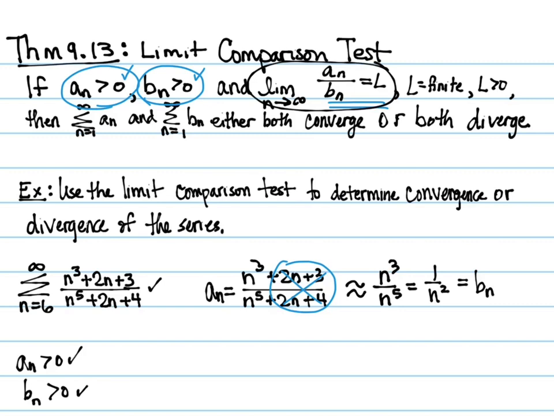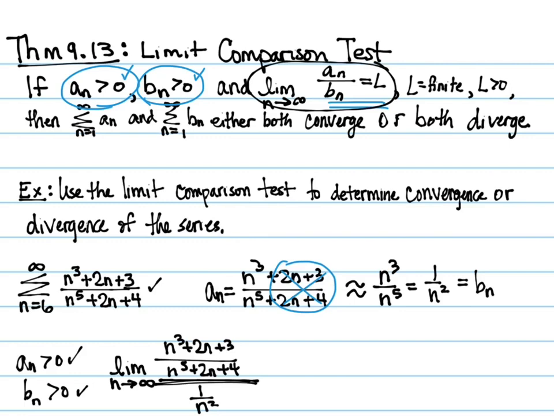So we're going to take the limit. This is what I was talking about on the last problem that we didn't actually do when we looked at this property. The limit as n goes to infinity of a sub n, and again, it doesn't really matter which one we called it. We called it the original function, so that would be n cubed plus 2n plus 3 over n to the 5th plus 2n plus 4. And I'm going to divide all of that by b sub n, which is 1 over n squared.